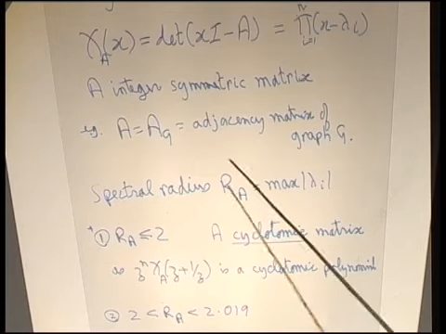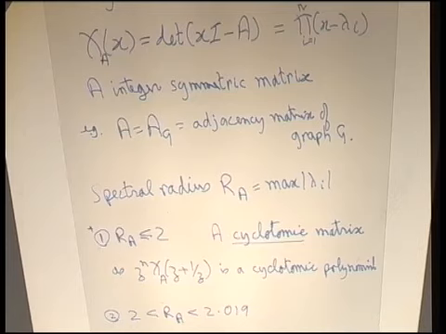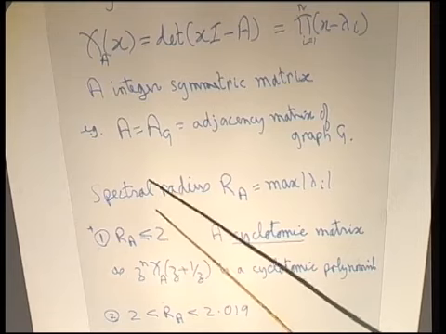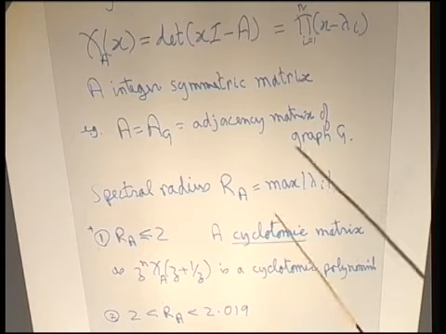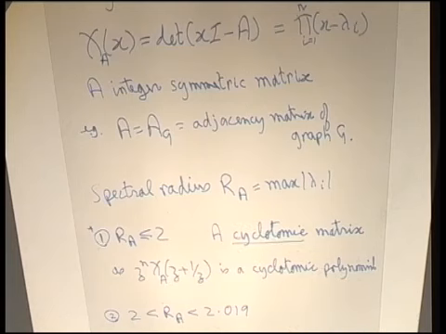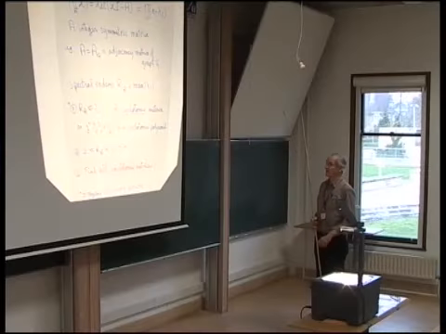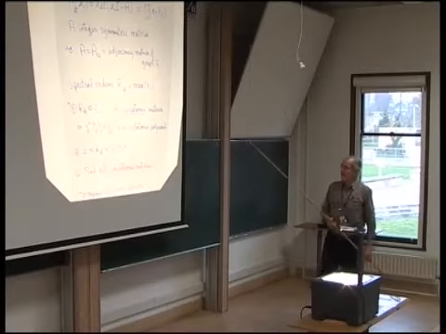So the spectral radius is the absolute value of the largest eigenvalue, and I'm going to split my talk into two parts. The first part is where the spectral radius is at most 2, and the second part is when it's in this small range here.